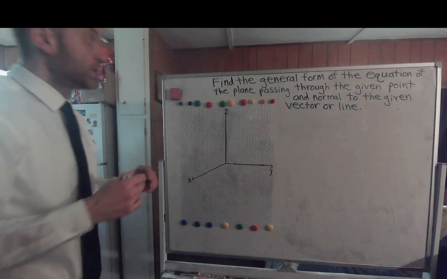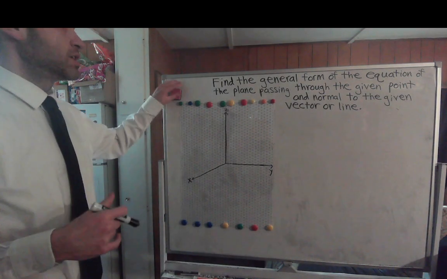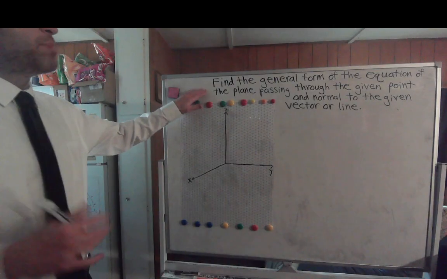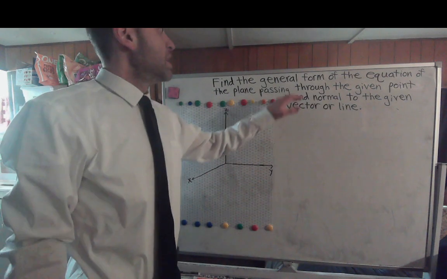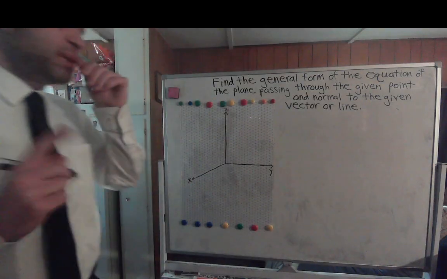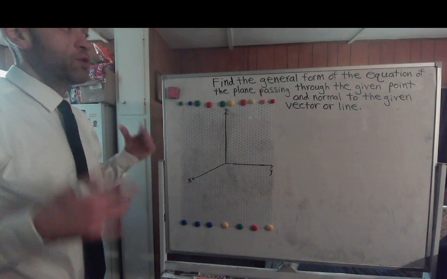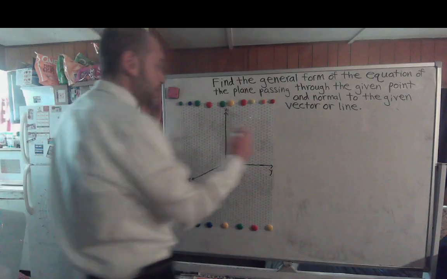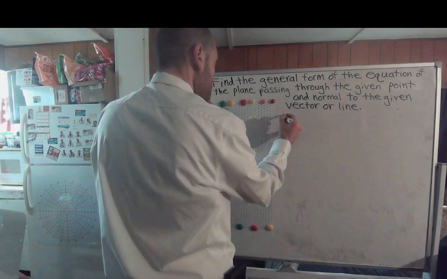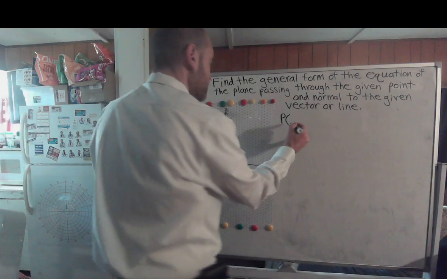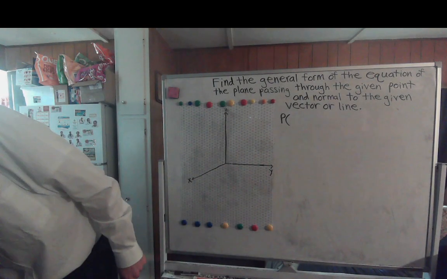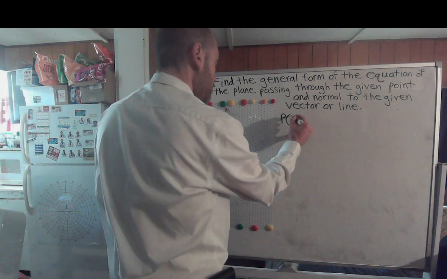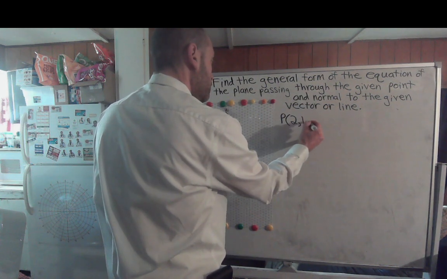Alright, so we're going to find the general form of the equation of a plane passing through the given point, which will be P, and normal to the given vector or line. So point P in this particular example is going to be the point 2, 1, 2.